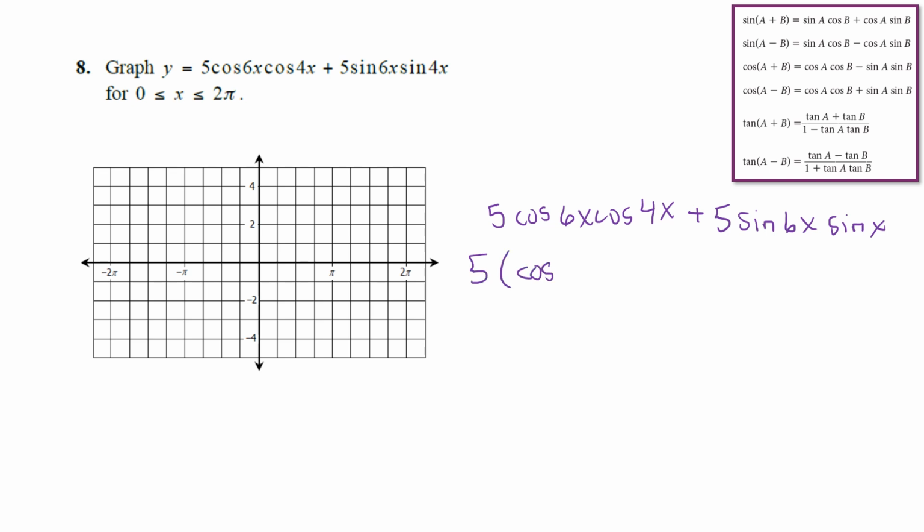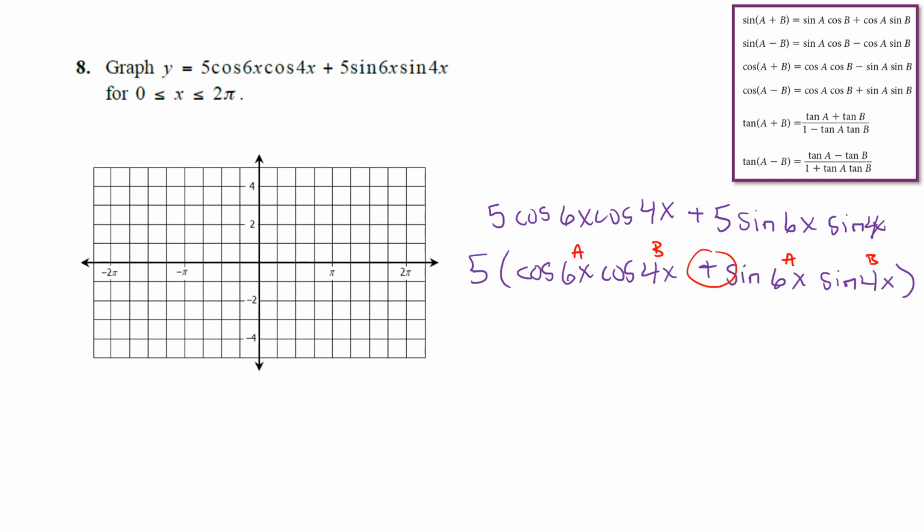So I'll get 5 times cosine 6x cosine 4x plus sine 6x sine 4x. Now, in looking at this, I see here that my angle A is going to be 6x, and my angle B is going to be 4x, and I am adding.